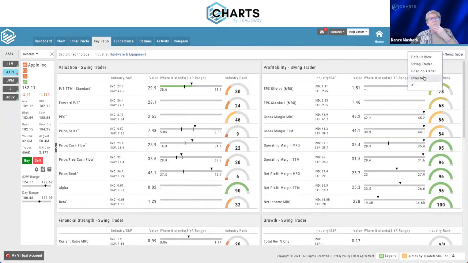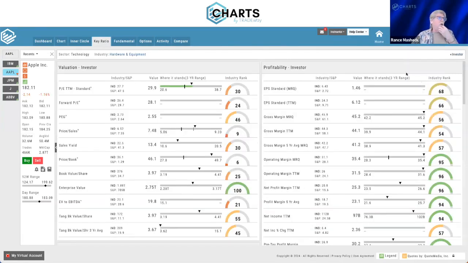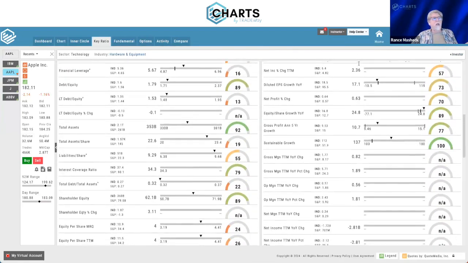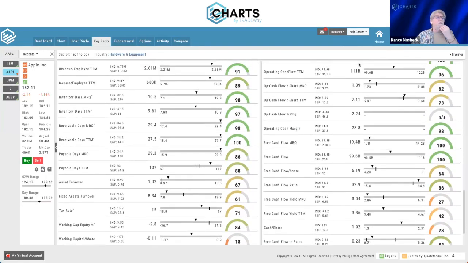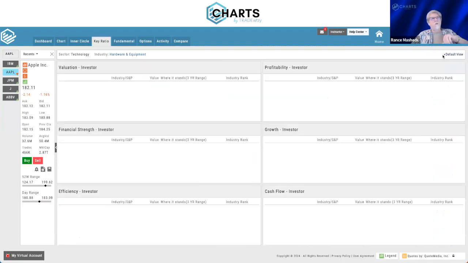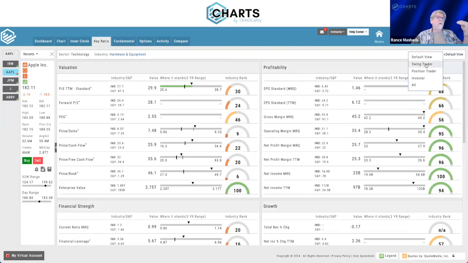If I'm doing something more of the longer term investor view, where I'm holding for months plus, there are certain things that are important for me there, and those are what's going to come up. So to know what to look at when, we've helped you out there. You can look at the default view, which is a good balanced view, or go in with a short term view, days to weeks, position weeks to months, or investor months and beyond. So it gives you a nice way to look at what that is.